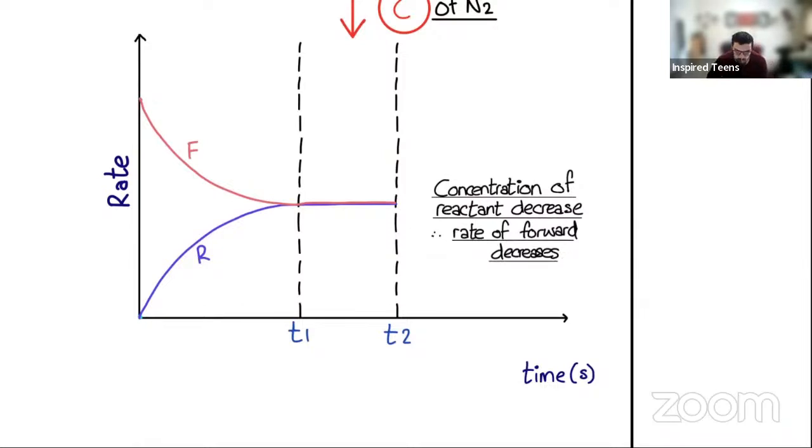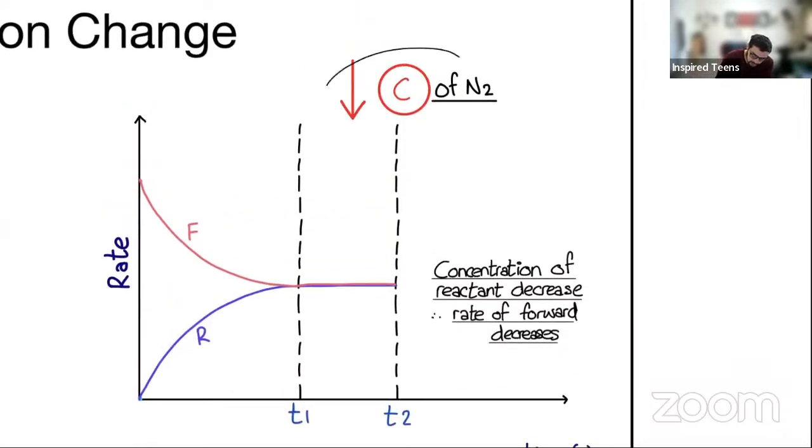We know that N2 is decreased. According to Le Chatelier's principle, when the concentration of the reactant decreases, that favors the same side, so it would favor the reverse. But the way we look at it for the rate versus time graph is that the concentration of the reactant decreases, therefore the rate of the forward reaction is the one that immediately decreases.